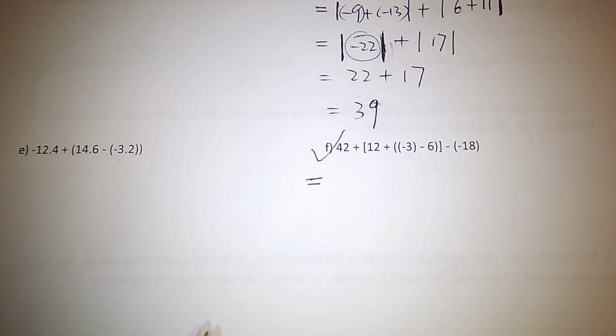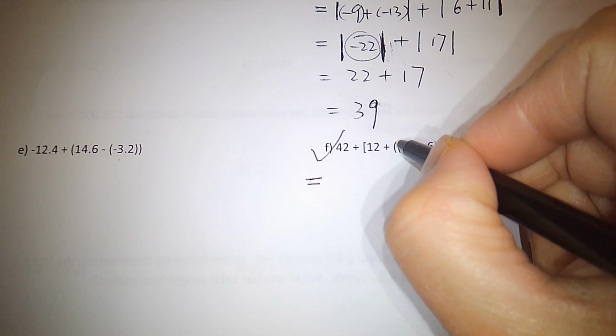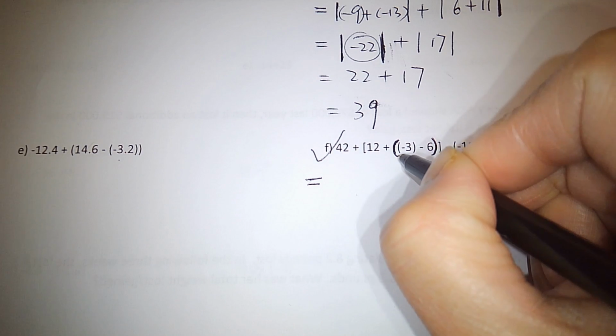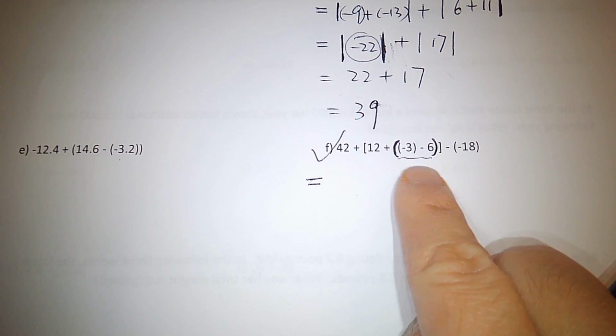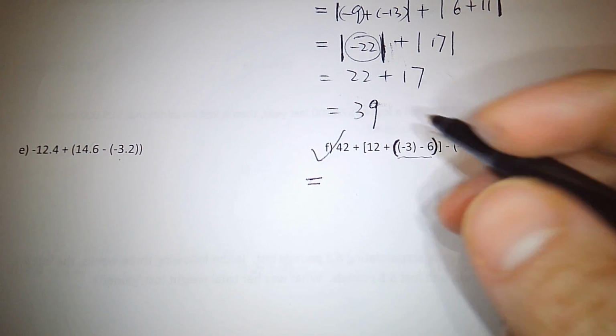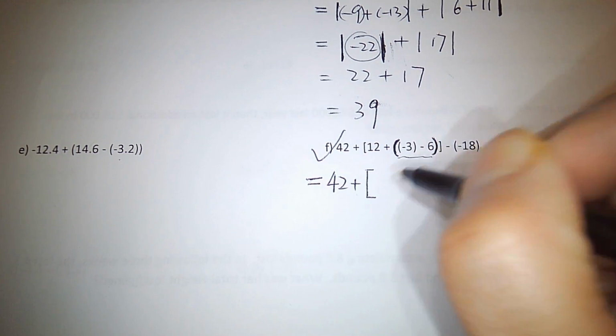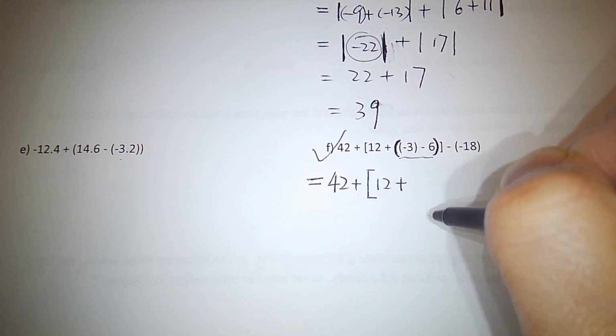So we have to deal with the brackets and parentheses. Inside the bracket, we have parentheses. So we start from here. I would say 42 plus bracket 12 plus.